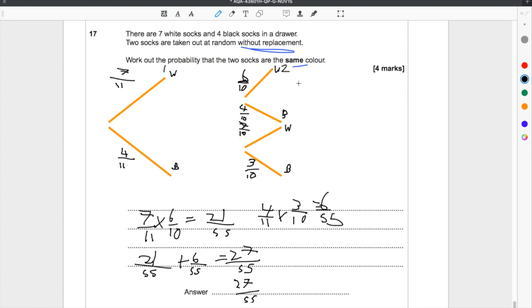And the key here is without replacement, so the fraction goes down by 1 on the denominator, and we have to consider the outcomes. And then if we're choosing the same colour, we could have these 2 branches or these 2 branches. And then we just multiply along and add our 2 results together to give us our total as a fraction.